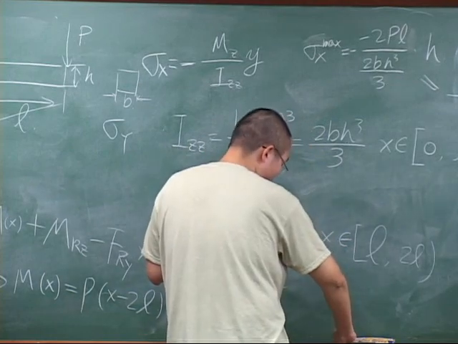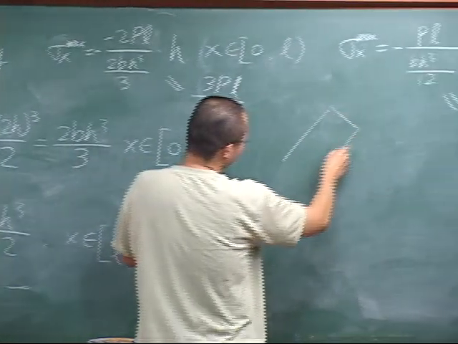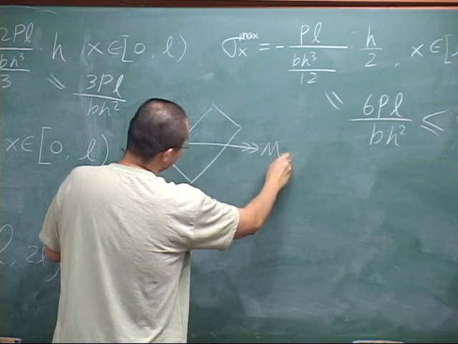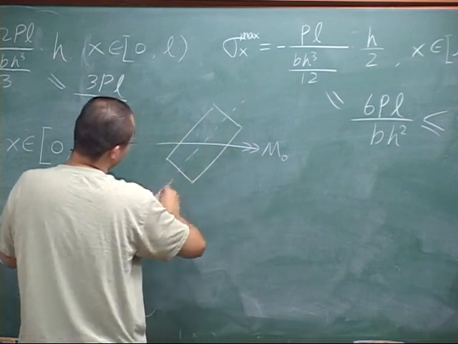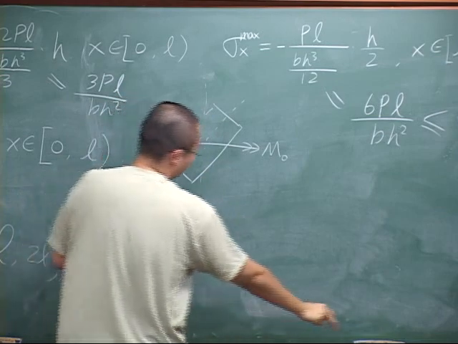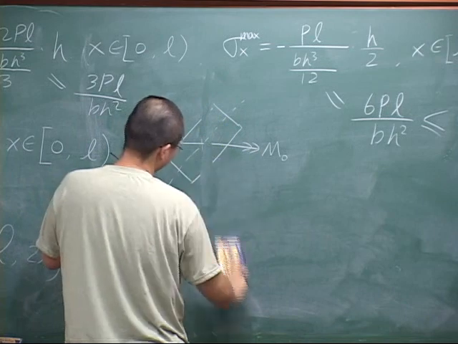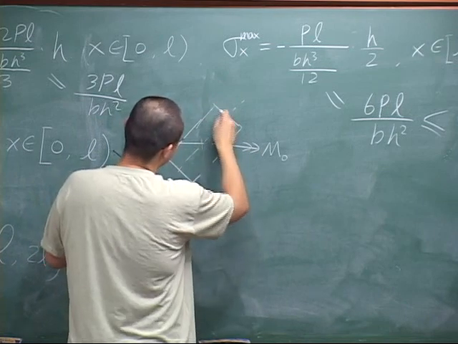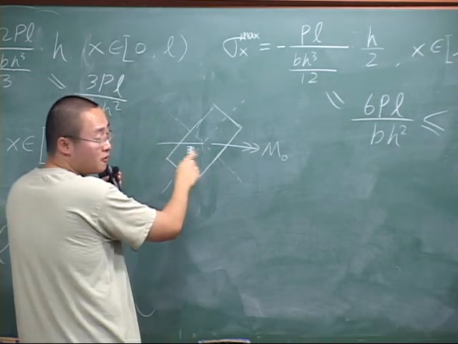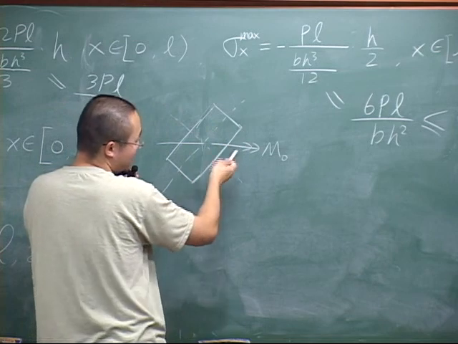The thing you need to pay attention to is that this moment passes through the centroid of this cross section, this bending moment.